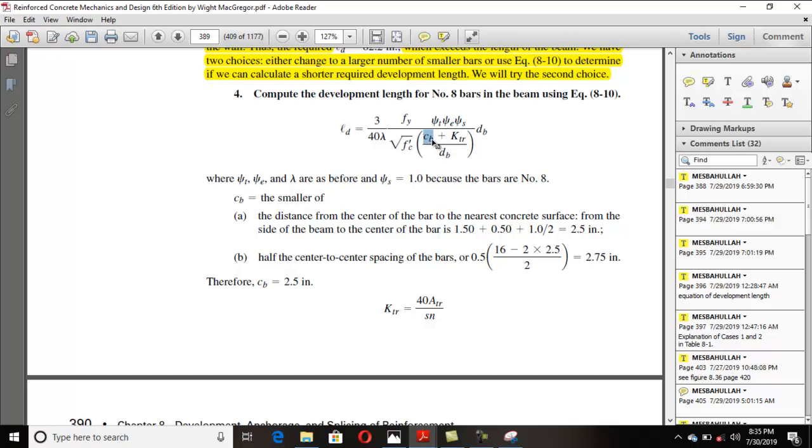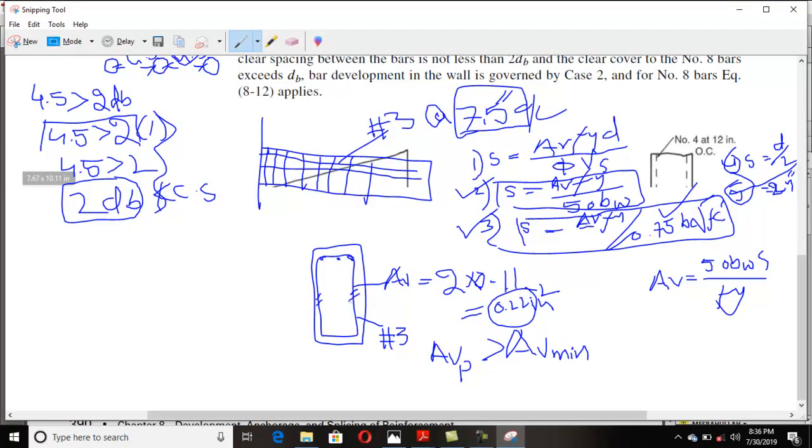So from where does cb come? One thing I mentioned to you is that in cb there is a little bit of confusion for almost all students. If you are considering the clear side spacing, it is from the face of the bar to the outer face of the concrete.